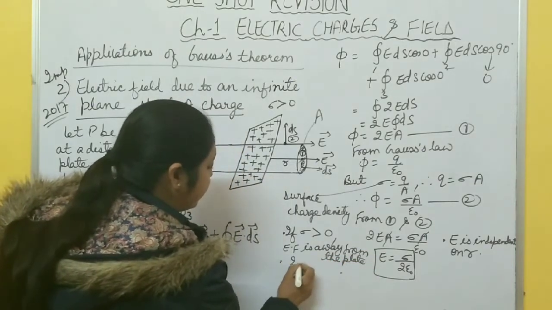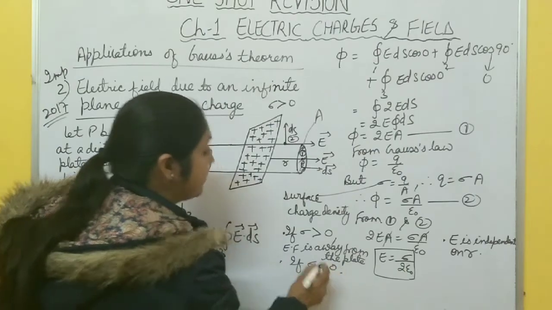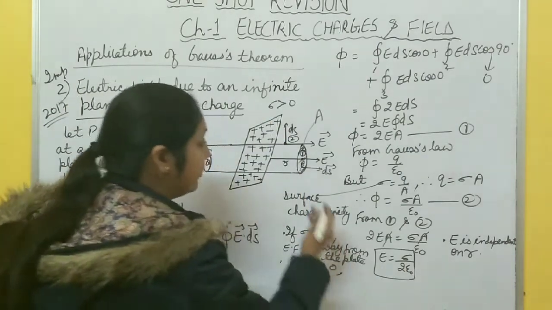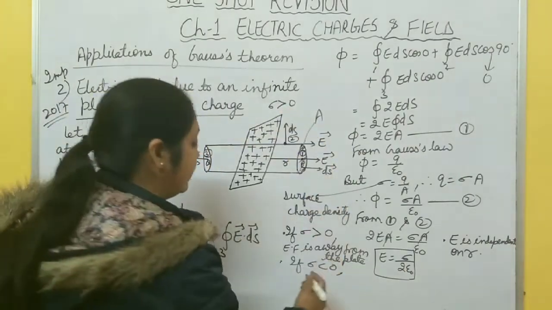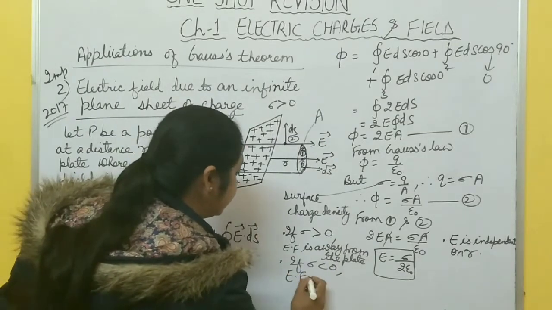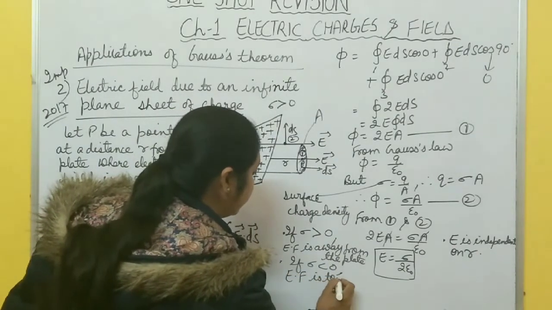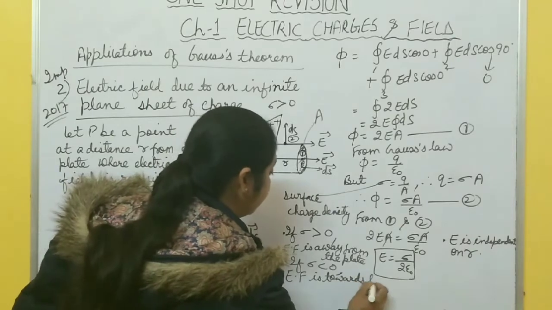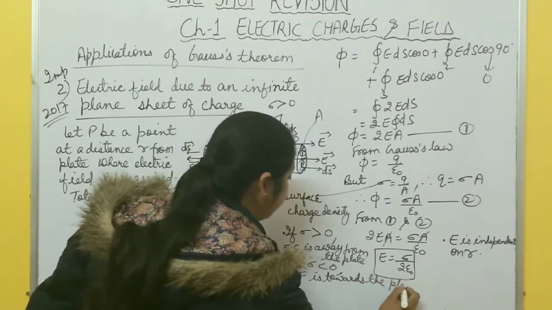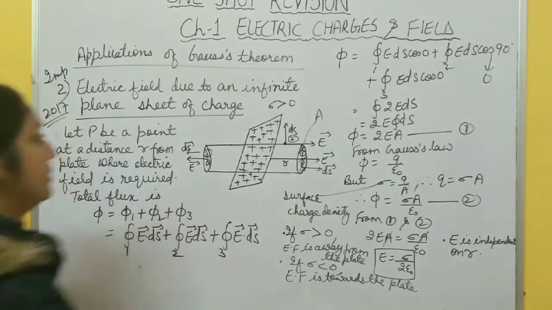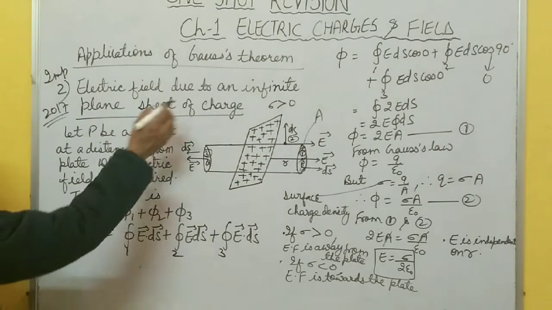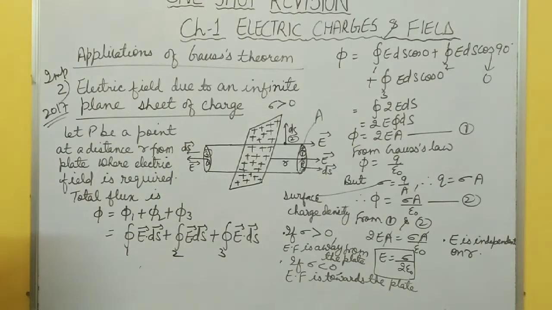And if sigma is less than 0, it means negatively charged plate, then for negative charge electric field is towards the plate. Electric field is directed towards the plate. These points are very important. Okay, so in this way you can find electric field due to an infinite plane sheet of charge, right? Please take a screenshot.